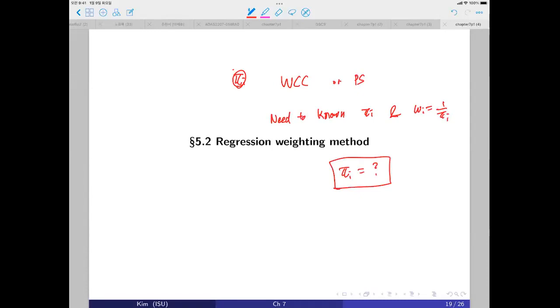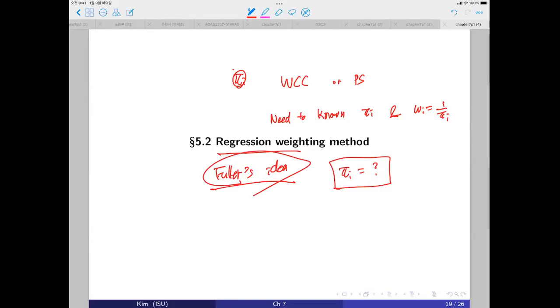So this is actually Fuller's original idea. Fuller's idea is: what would be the robust way of non-response weighting without explicit modeling of the pi I?